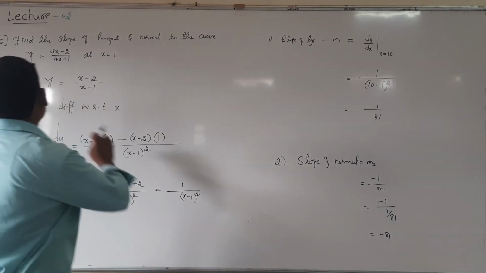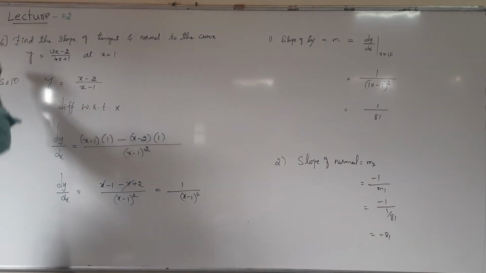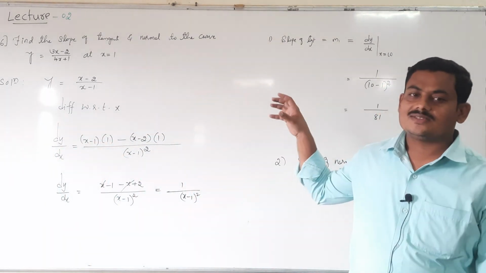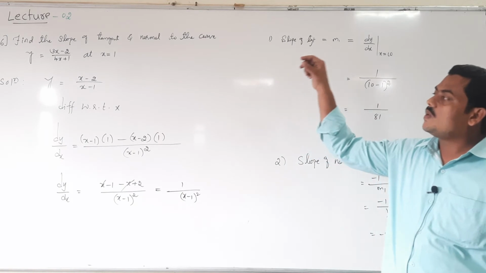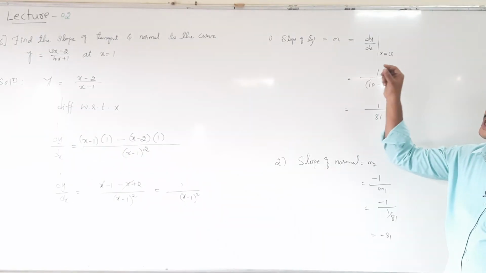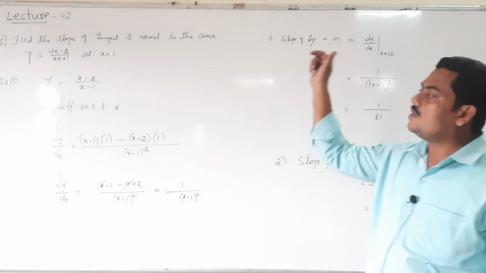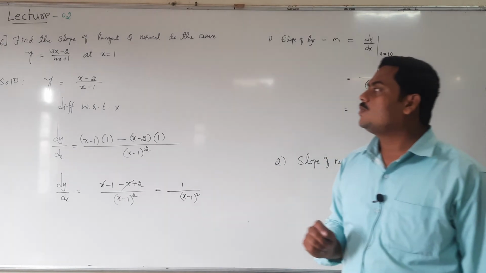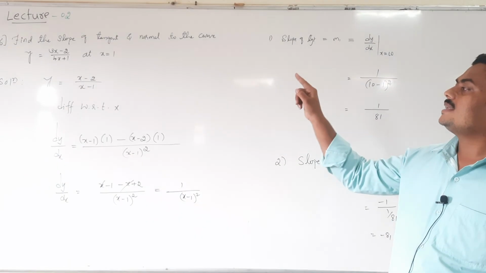Next question. Find the slope of tangent and slope of normal to the curve y is equal to (3x minus 2) divided by (4x plus 1) at x equal to 1.